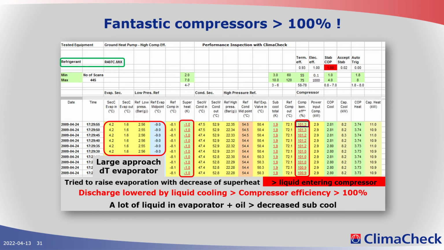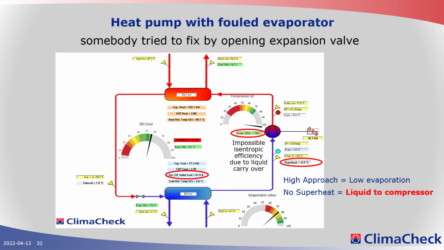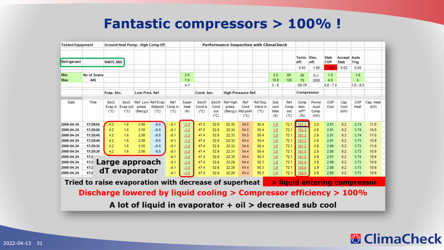So they decreased the superheat, and when they did this, the refrigerant charge was low. The consequence was that the expansion valve was totally open, and then the next technician fixed the charge.